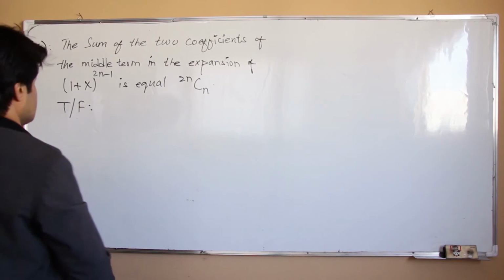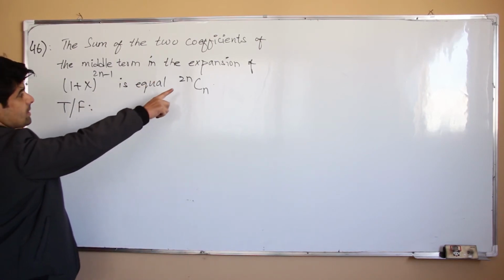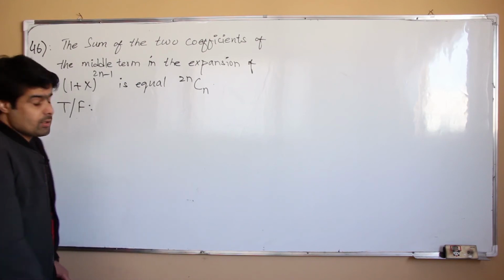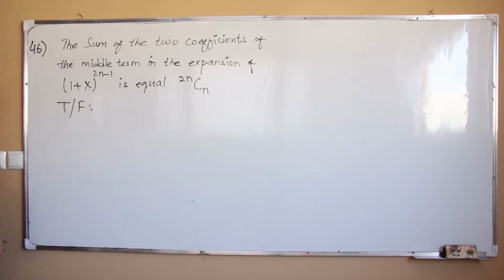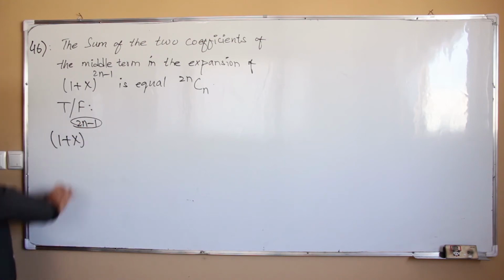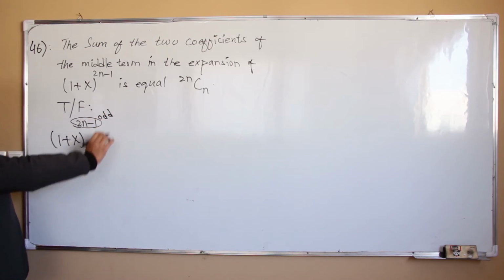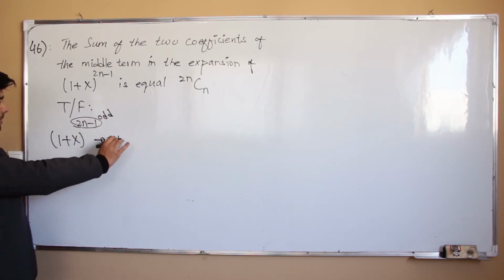Question 46. The sum of the two coefficients of the middle terms in this expansion is 2nCn. Is it true or false? One thing you know, that if we want to talk about the middle term of (1 plus x) raised to the power 2n minus 1, how many terms does it have? Since 2n minus 1 is an odd number, it has an even number of terms.